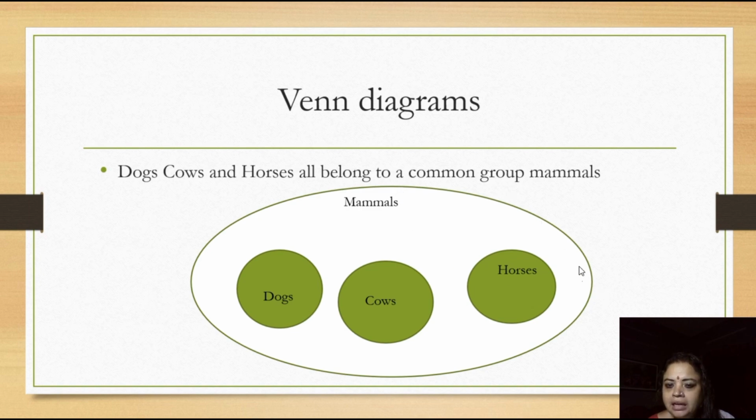So you have the largest group of mammals here and the small groups dogs, cows and horses inside it. All of these share the common traits of mammals, or they belong to the category of mammals. So this is how we represent.